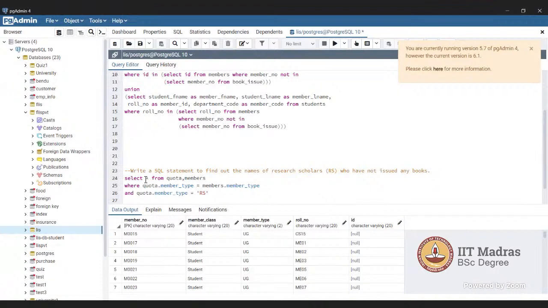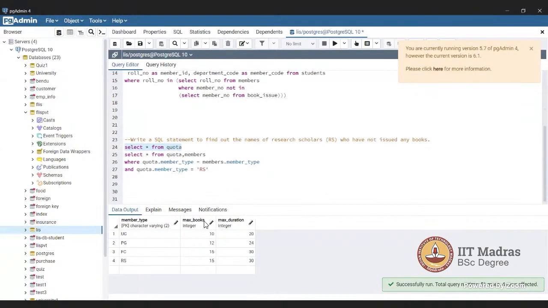Select star from quota, members. Okay, so see what the quota table contents are: UG, PG, FC, RS. So you see, select star from members where quota dot member type equals member dot member type. Is this query written for those who have not issued any books?